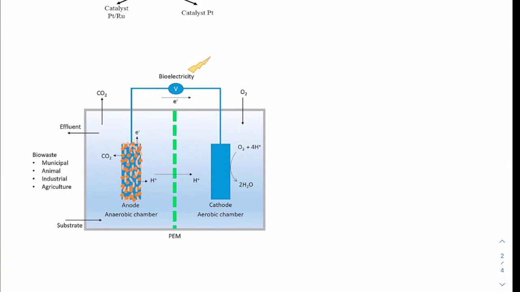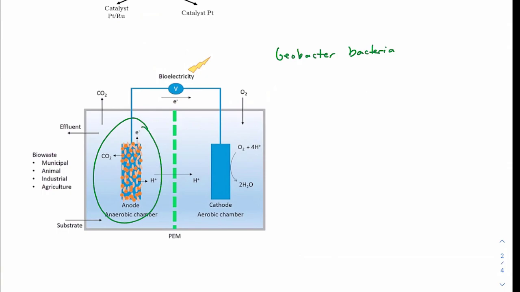It's anaerobic. These bacteria convert the waste into electricity. This one is a little bit harder. This is where we call the geobacter bacteria. That's what's at the anode right here.